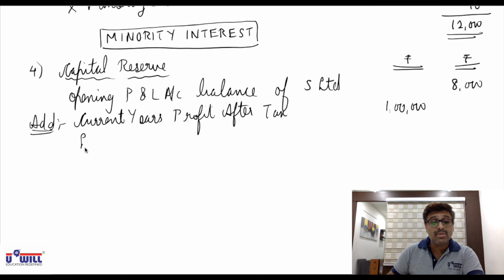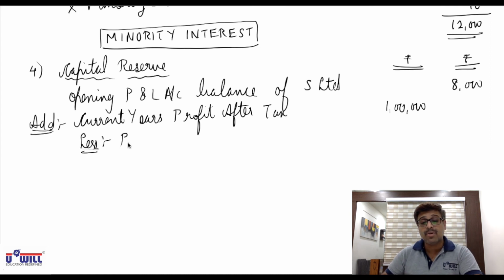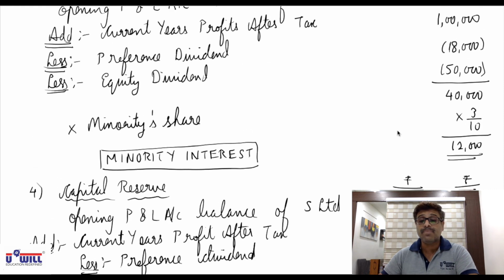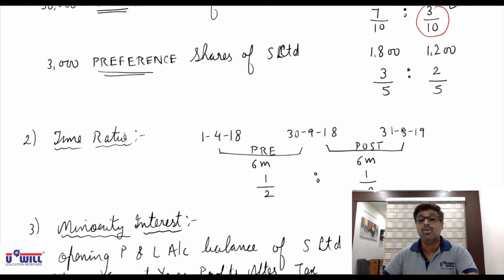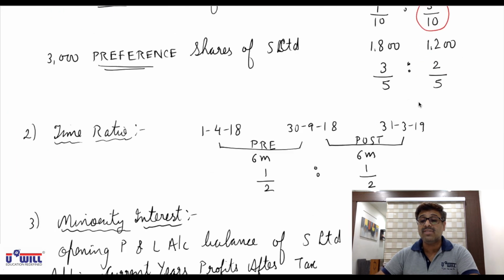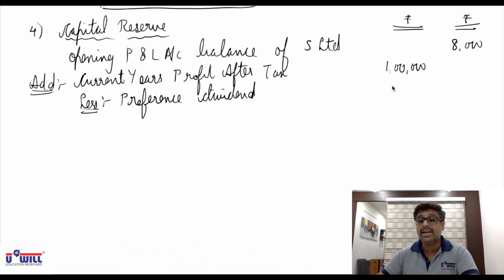And from that we have to subtract only preference dividend, because we find capital reserve from equity shareholders point of view. So we have to find the profits available for equity shareholders, and then preference dividends, capital part, profit part, pre-acquisition, we add it separately as such. If holding company has acquired shares, and here holding company has acquired the shares, so preference dividend 18,000 we will minus. Here entire statement will come.